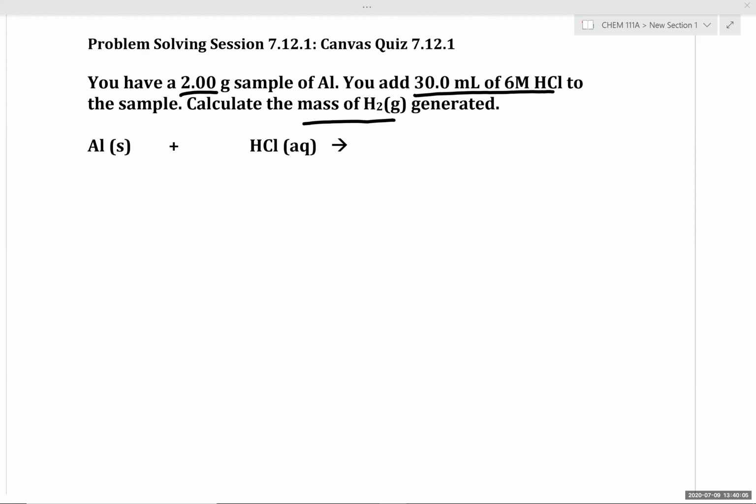So this problem's a little bit tricky in that you will have to predict the products and write the correct formulas of the products in order to balance this equation. So we know hydrogen gas is going to be generated, and I'd like you to try to figure out the other product and the correct formula of the other product from this reaction. And we'll discuss the chemical equation that you need to complete this stoichiometry problem in about 2 to 2.5 minutes.